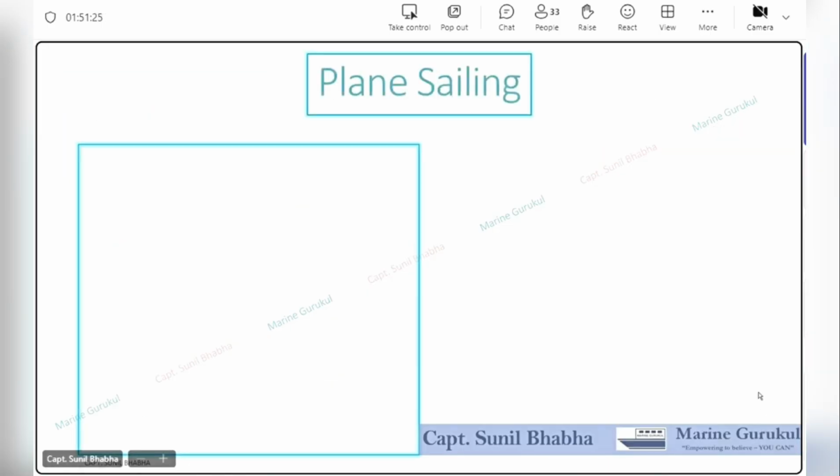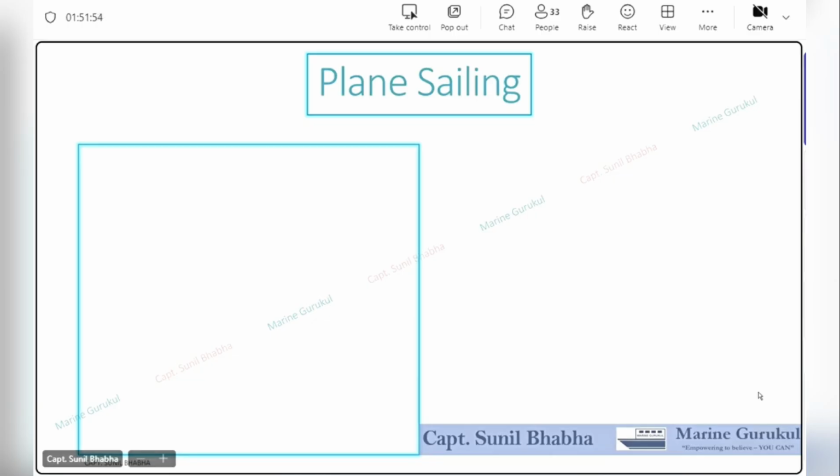We now move into our second Rumline sailing, that is plain sailing. The plain sailing gets its name from the fact that in plain sailing we use the concept of plane trigonometry. We use the three trigonometric ratios, cos theta, sin theta and tangent theta, for a plane right angle triangle to get our course and distance.